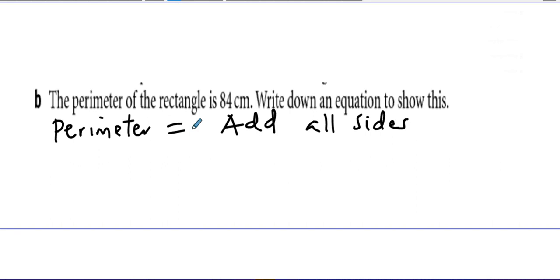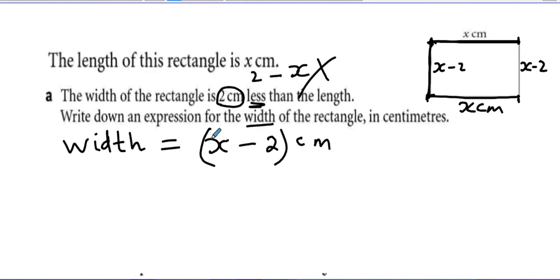Perimeter is adding all the sides. So we have x minus 2 plus x minus 2 plus x. That equals perimeter.